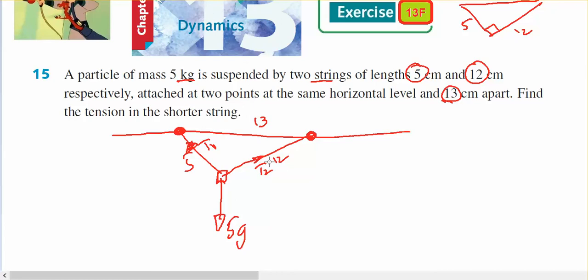So what I might do is pick this up and put this over here. So I've got T2. I don't need these lengths because they're not forces.